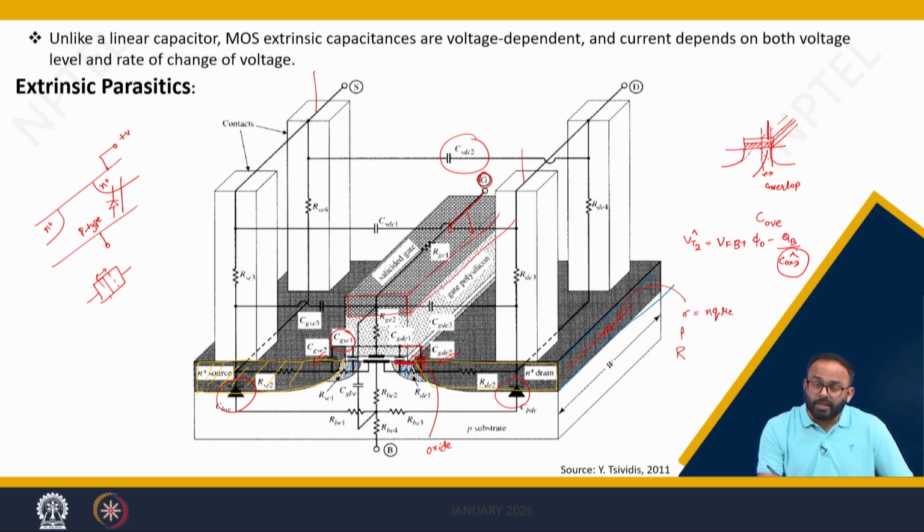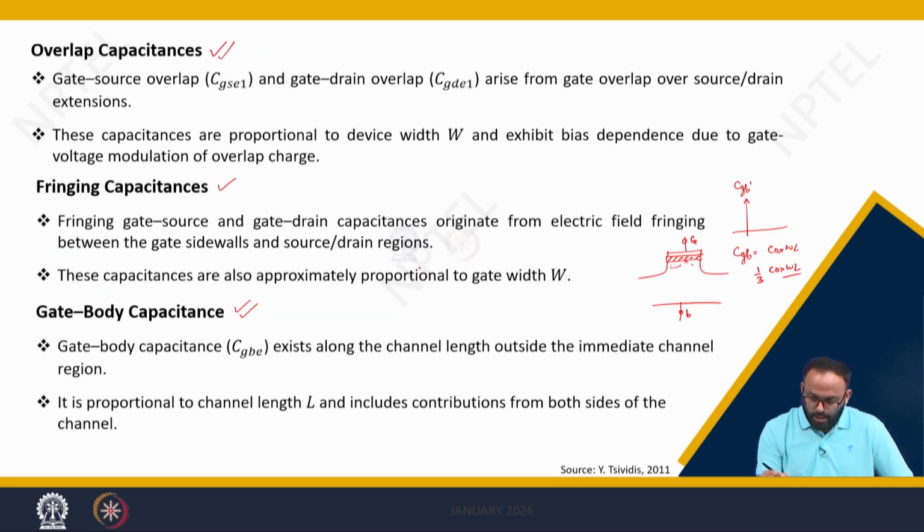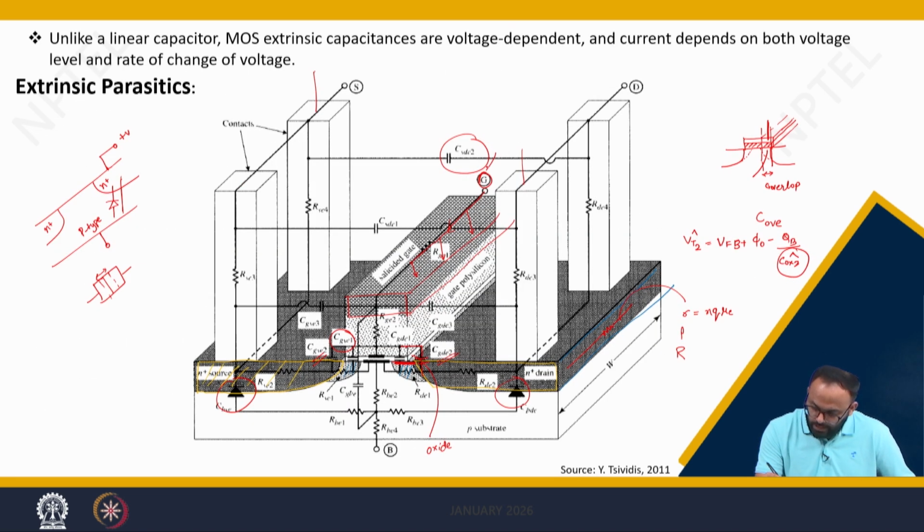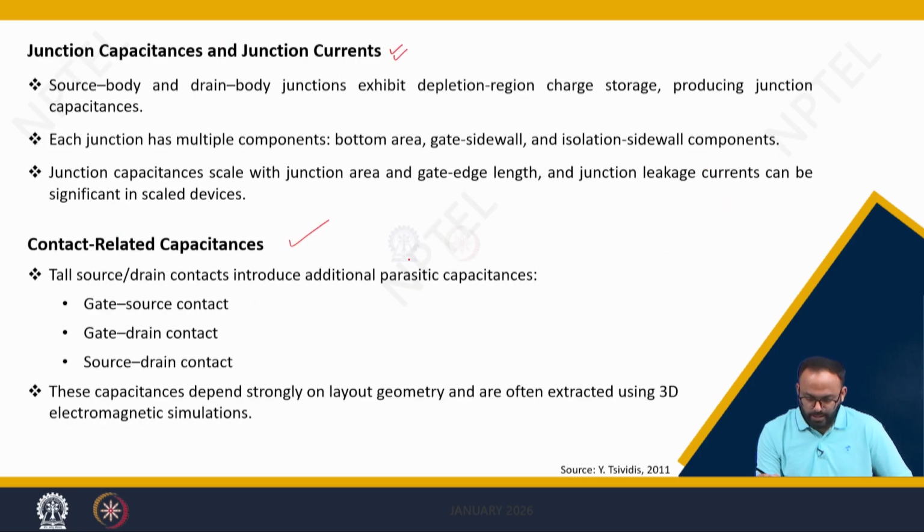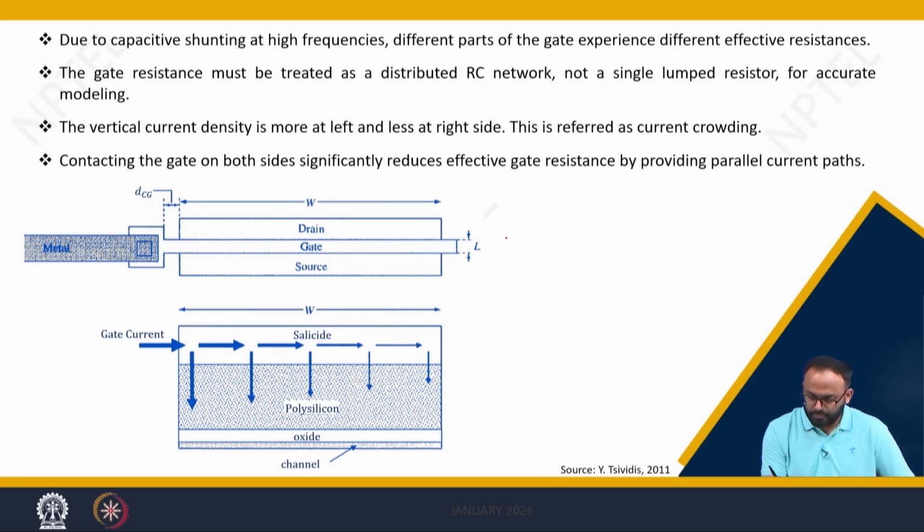Now because of the capacitive shunting effect, ultimately this current is no longer uniform, meaning if I connect the gate here, the current will go this side, but the vertical current direction will be non-uniform. That you can see from this figure.